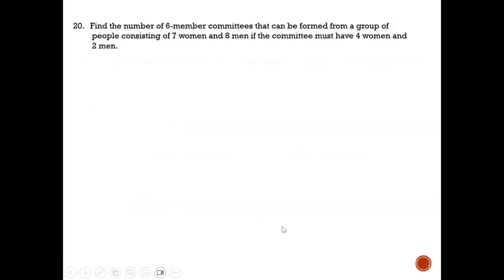Okay, now this is number 20. It says find the number of 6-member committees that can be formed from a group of people consisting of 7 women and 8 men, if the committee must have 4 women and 2 men. The solution is from 7 women, we're going to choose 4.